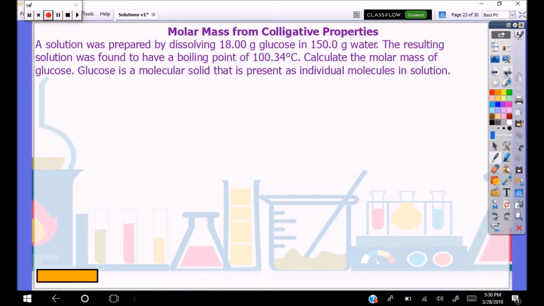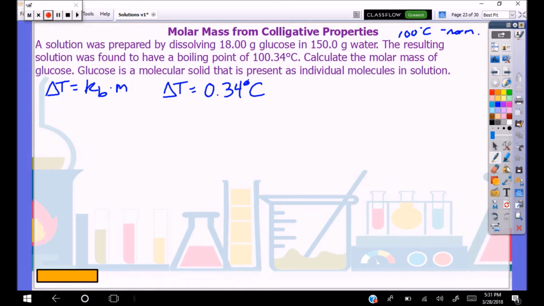Okay, so here's what we need. We need that equation, delta T equals Kb times our molality. Delta T is the change in temperature from the normal boiling point. So the normal boiling point for water is 100 degrees Celsius. So our difference between 100 and 100.34 degrees is 0.34 degrees Celsius.